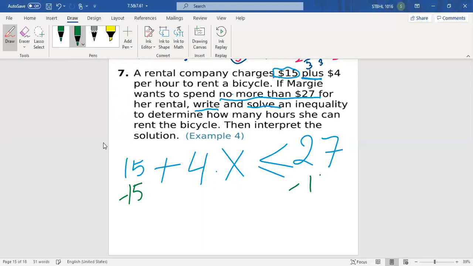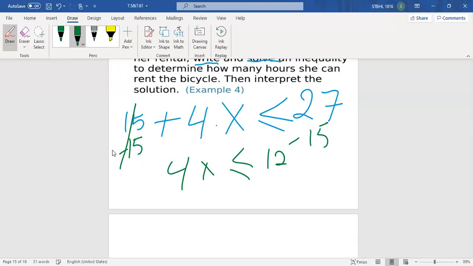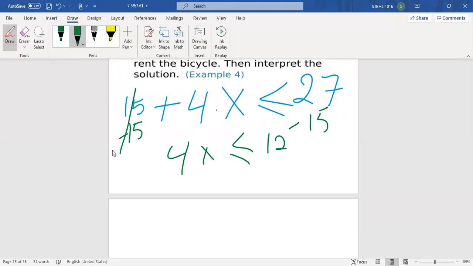So subtract 15 from both sides. 4x is less than or equal to 27 minus 15, which is 12, then divide by the coefficient. What is the coefficient? It is 4. Divide by 4, divide by 4. Now, because I divide by a positive number, no need to change the inequality sign. It's less than or equal to 3.